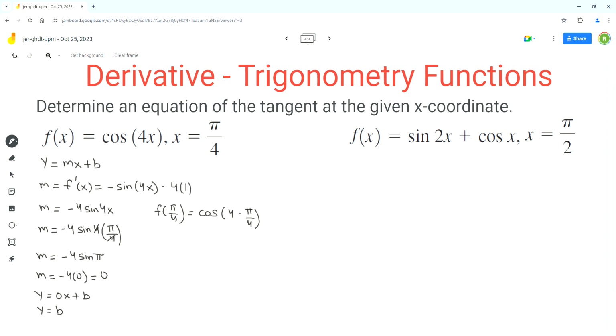So the 4's in the cos function will cancel each other out. So we get cos pi. And cos of pi is equal to -1.